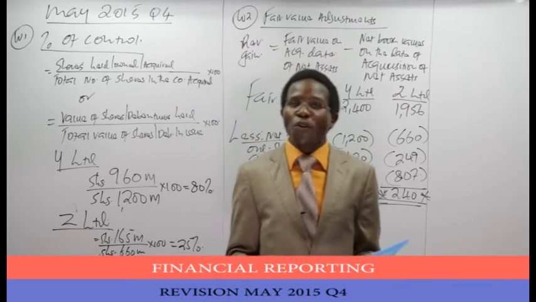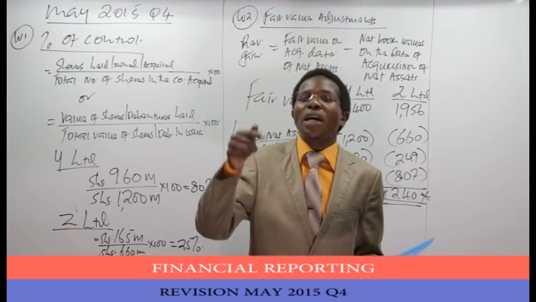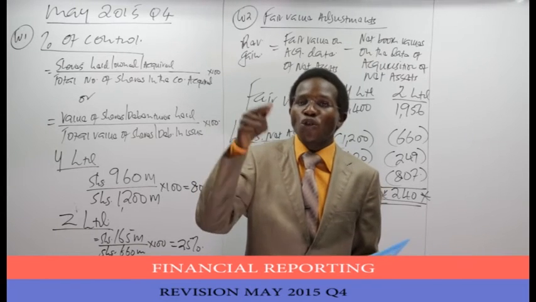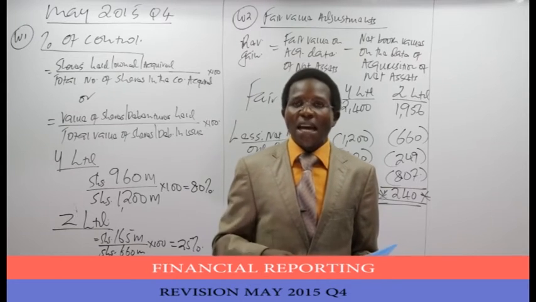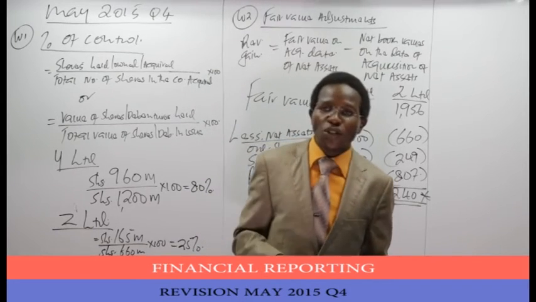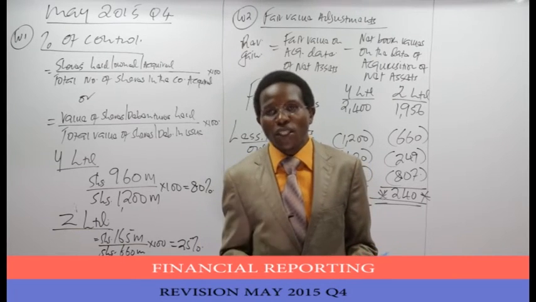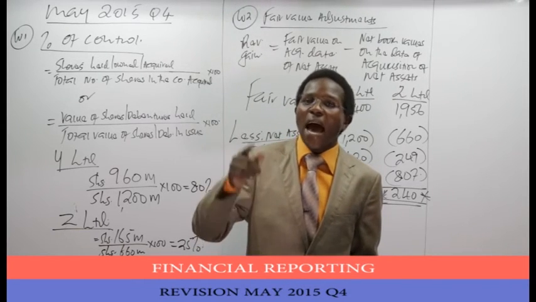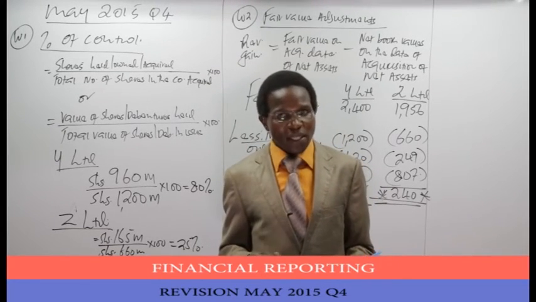Both unrealized profits on opening stock and closing stock will be adjusted in the cost of sales. In addition to that, unrealized profits on opening stock will also affect the determination of the group retained earnings brought down. You should also remember this.